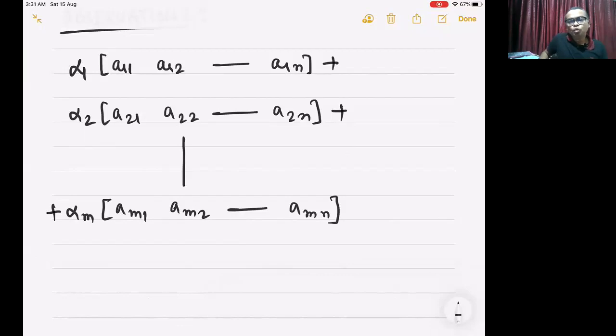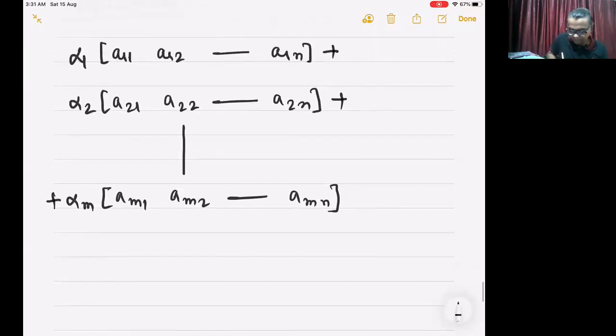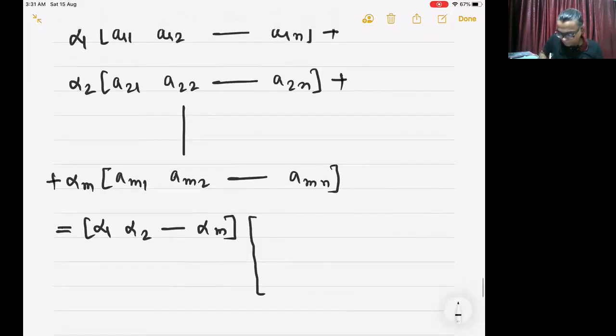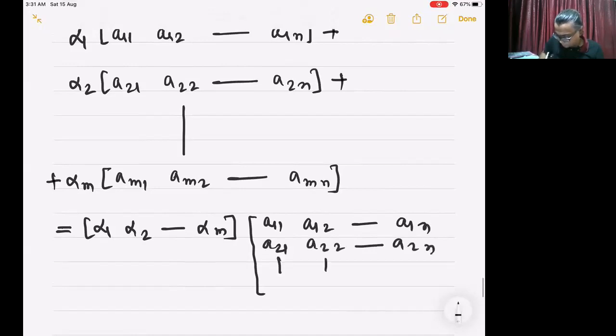Notice that I can rewrite this as the row vector alpha 1, alpha 2, dot dot dot, alpha m. Notice I had alpha 1, alpha 2 as just real numbers so far. Now I'm writing them down as a row vector. This multiplies the matrix with rows a11, a12, dot dot dot, up to a1n, a21, a22, dot dot dot, up to a2n, up to am1, am2, dot dot dot, up to amn.